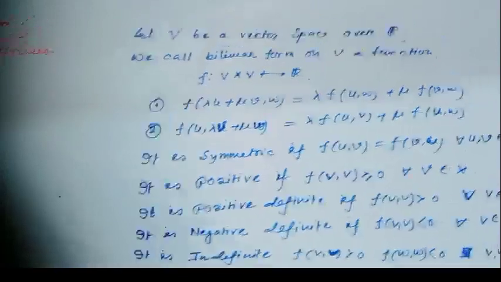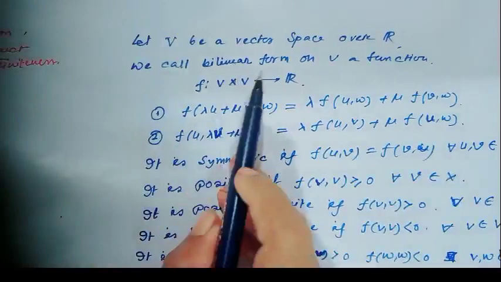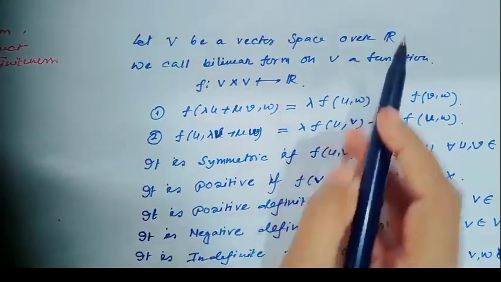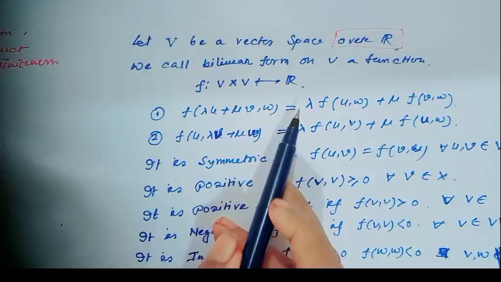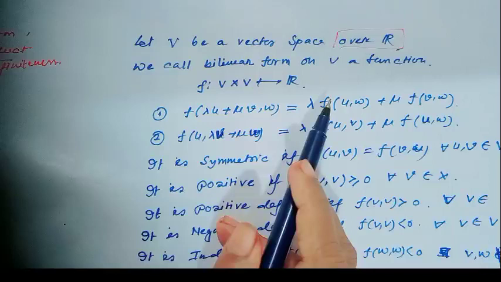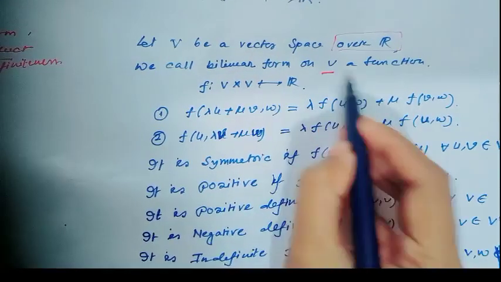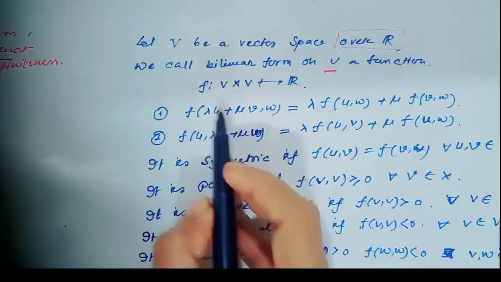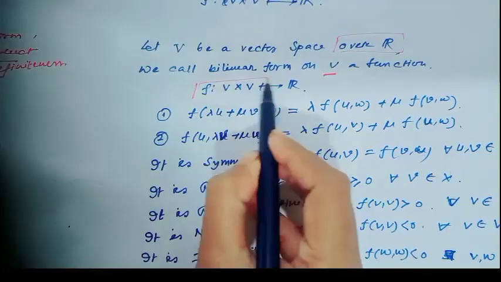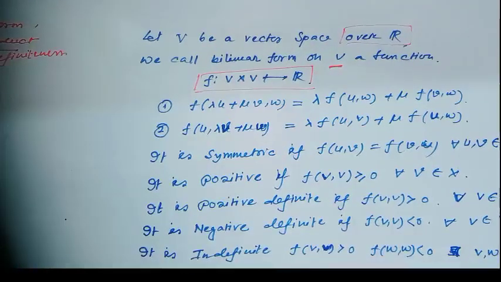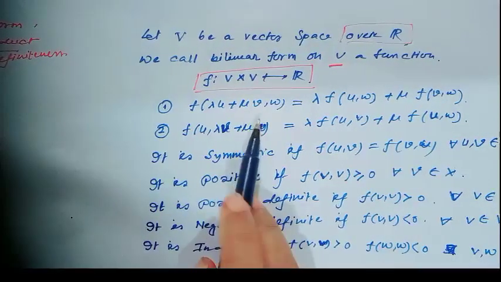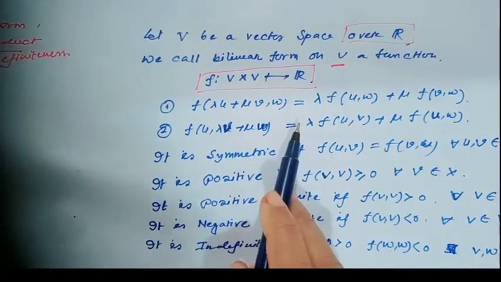What is a bilinear form? We all know if V is a vector space over the field R, then a bilinear form on the vector space V is a function mapping from V cross V to R such that it is linear in each component.